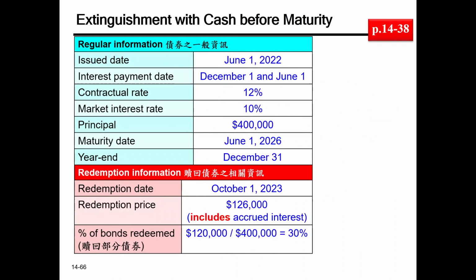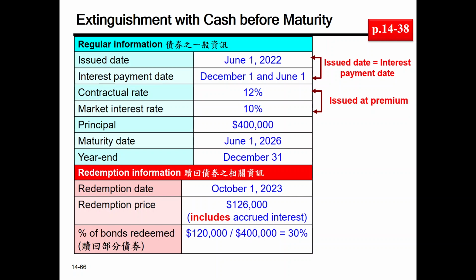Okay? So this is all the information we have. Based on this, did you find out issue date and interest payment date, they are the same, so no problem for issue date. Based on contractual interest rate and market interest rate, I know let's issue at premium.